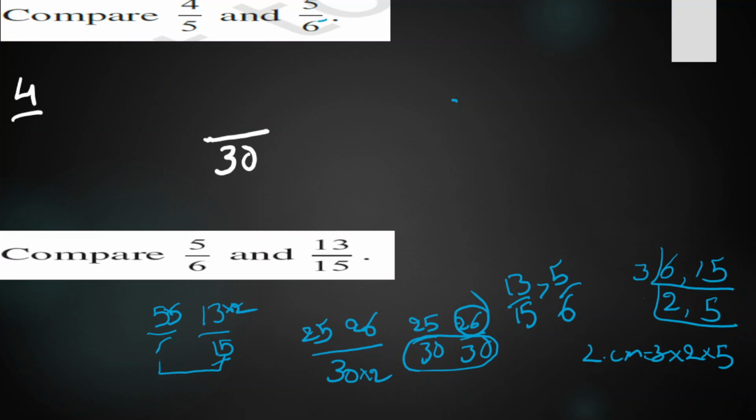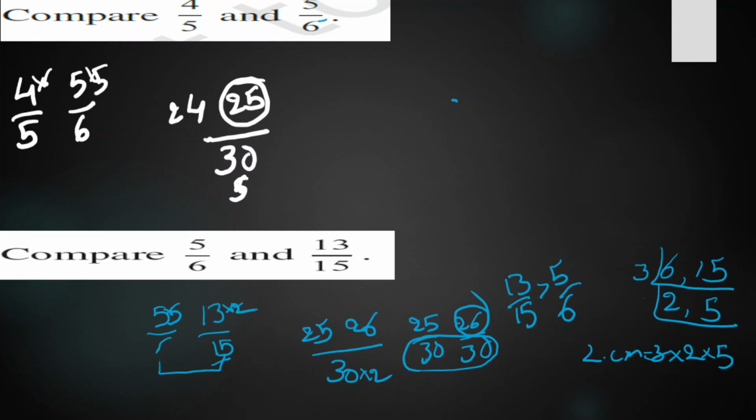For 4 by 5 and 5 by 6, this 5 will go in 30 6 times, so 4 into 6 is nothing but 24, and this 6 will go in 30 5 times, so 5 into 5 is nothing but 25. And in like fractions, the greater numerator is the greater value, so 5 by 6 is greater than 4 by 5.